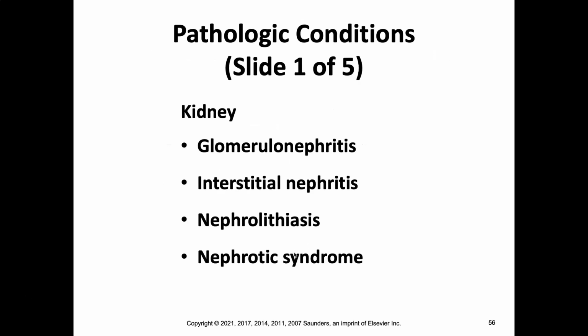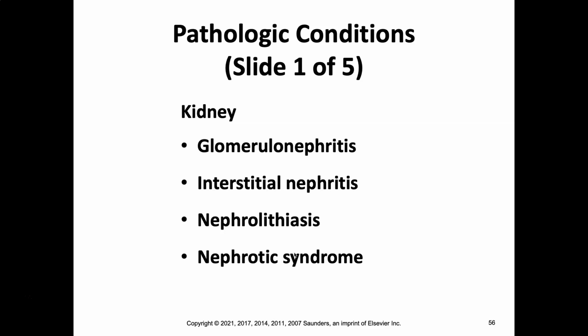All right. So moving on to pathologic conditions. What can go wrong with the urinary system? Well, let's talk about your kidneys. You're talking about 1,000,000 nephrons. Can anything go wrong with 1,000,000 of something? Absolutely.